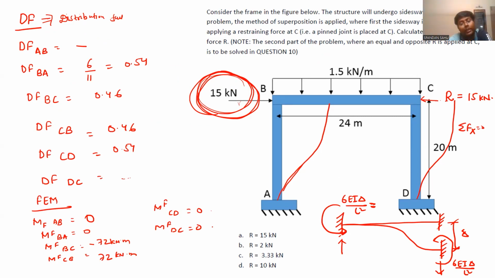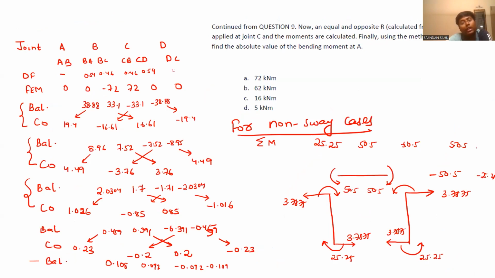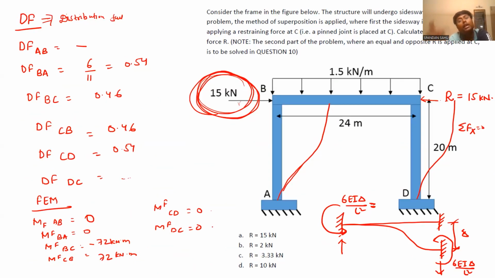We did that and we got all those non-sway case moment values. Next, that pseudo or virtual reaction which we have given to make it non-sway, is there any reaction exactly available there? No. So when you remove that reaction, it will sway. But how much deflection or how much laterally it will move, do you know?